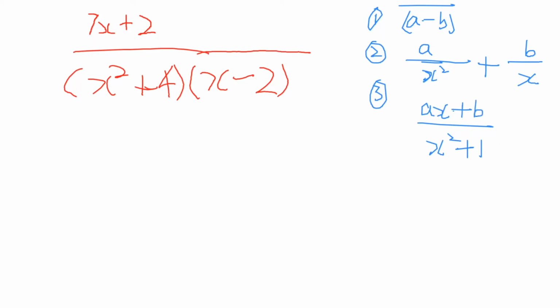Now if you look at this question, can you see that this part is your case 3? And then this part is your which case? Oh, I think my first one is wrong. I think the formula is different from mine.